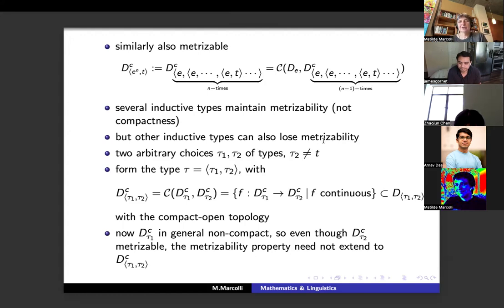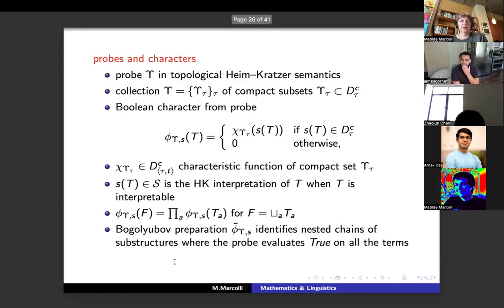But other inductive types will also lose the metrizability. And so if I have constructed something for which I know I've already lost the compactness, even if the target is metrizable, I cannot guarantee the metrizability of the corresponding function type.